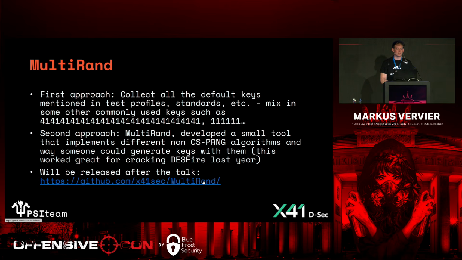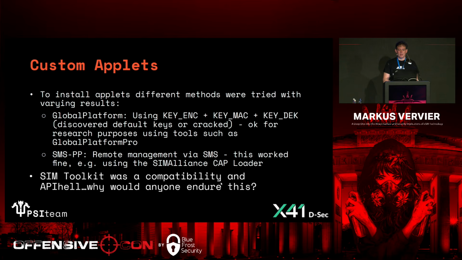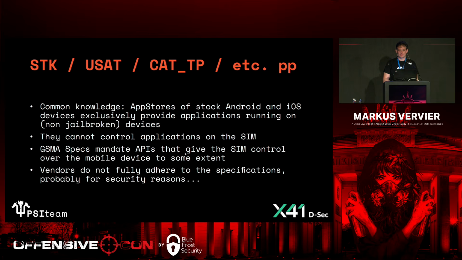We will release that after the talk in this repository, and then you can exhaust the key space of the Unix timestamp in RAND in a few minutes or even faster, depending on how much CPU or GPU power you have. So it's actually feasible to try a few of these algorithms and try all the insecure keys, right?